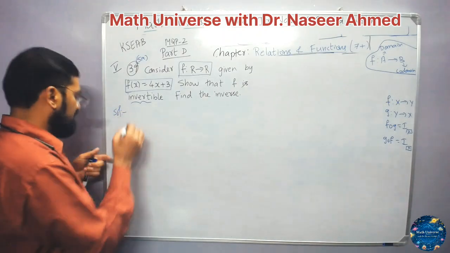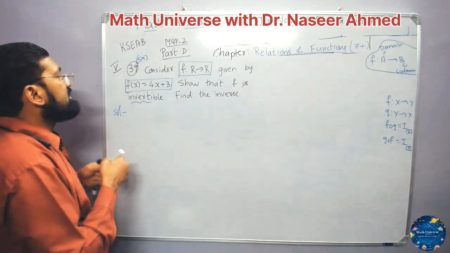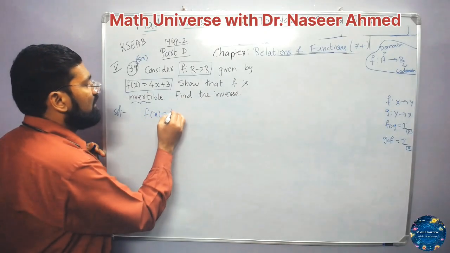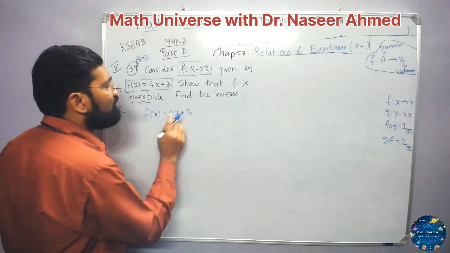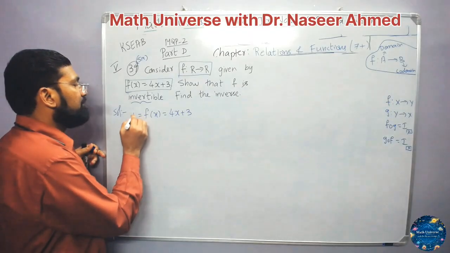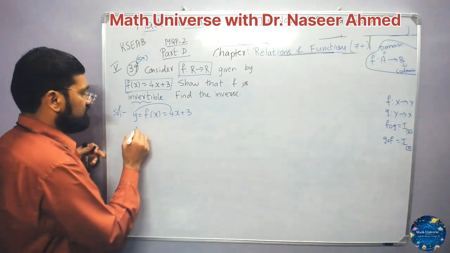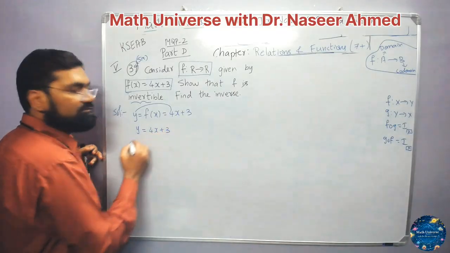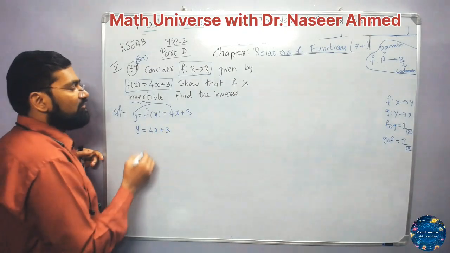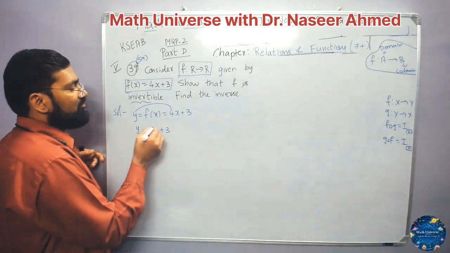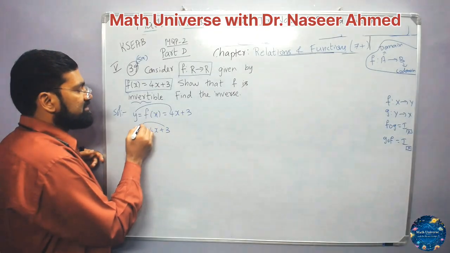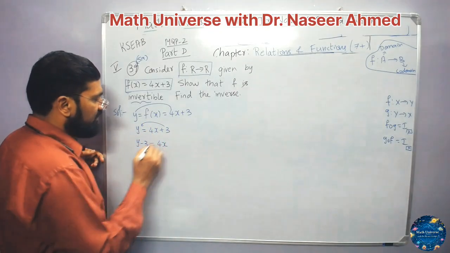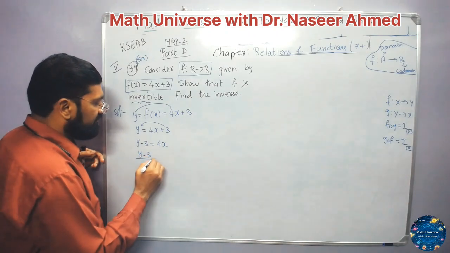So, solution. See carefully: let us take the given function and solve for x, so equate it to y. Equate y and the given function 4x plus 3, and solve for x. I can transpose the 3 and get y minus 3 is equal to 4x, or x equals y minus 3 divided by 4.